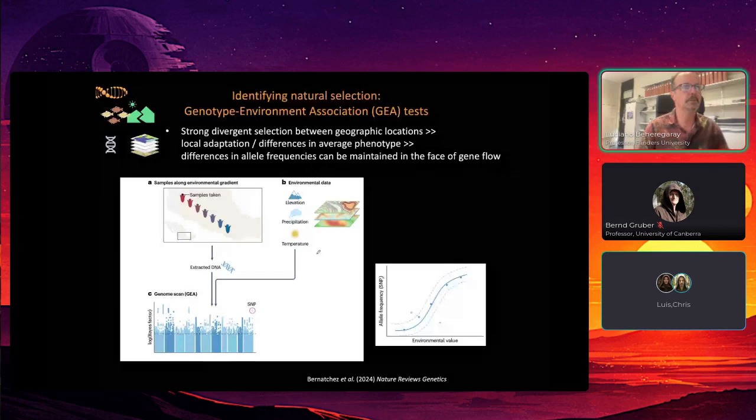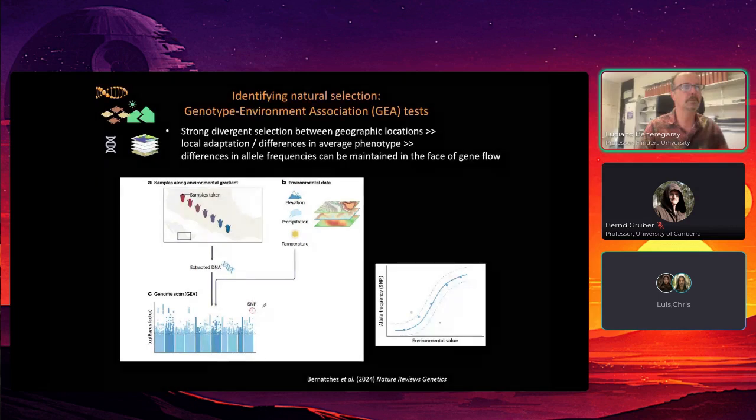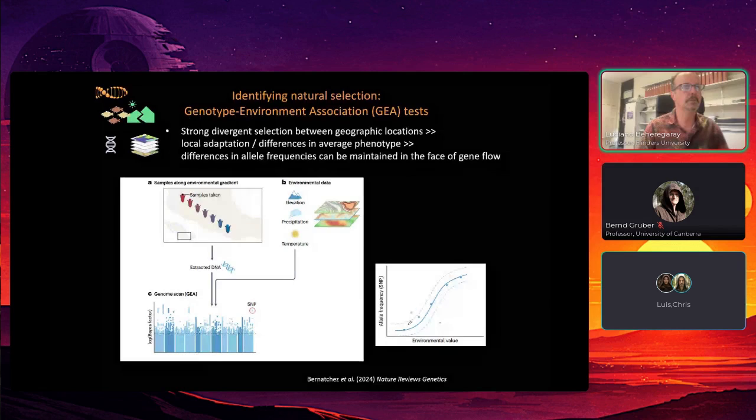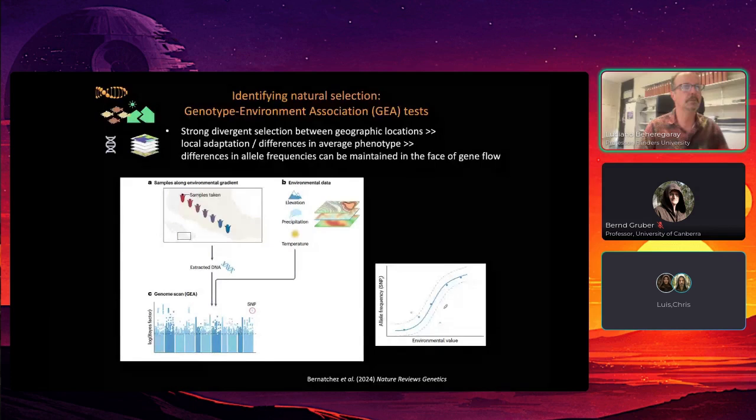In this case, we have 3 major categories of variables: elevation, precipitation, and temperature. You extract your DNA and type thousands and thousands of SNPs. If one of those SNPs, such as the one here at the bottom of this Manhattan plot, is under selection, the frequency of that SNP will vary as a function of how that particular environmental variable is found over space.